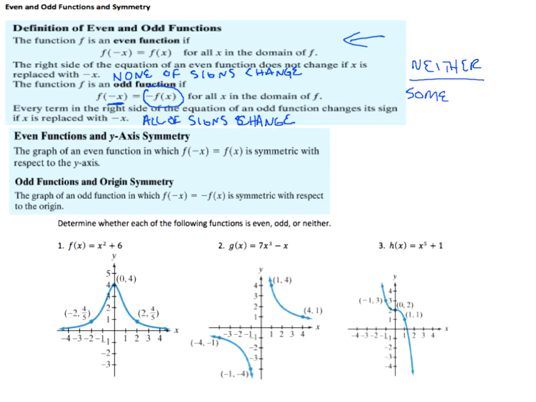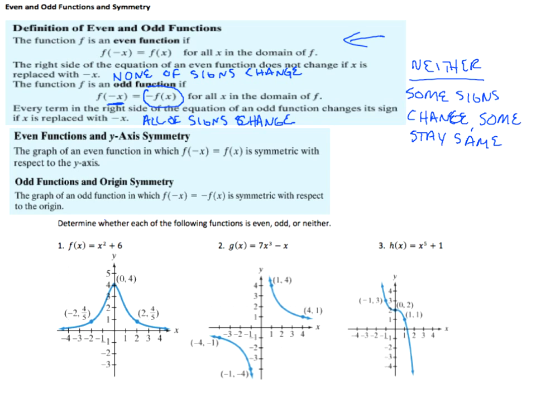Then you have the option of neither. In other words, some signs change, some stay the same. So the function is considered neither even nor odd.